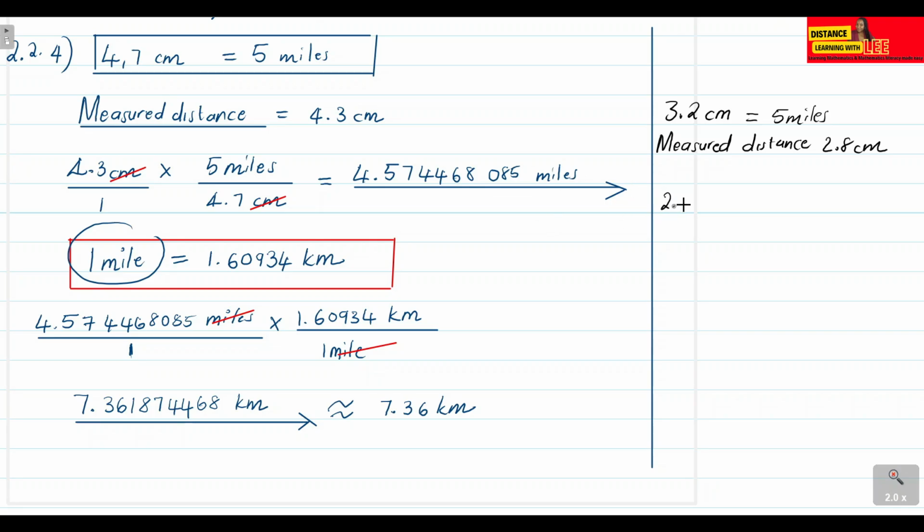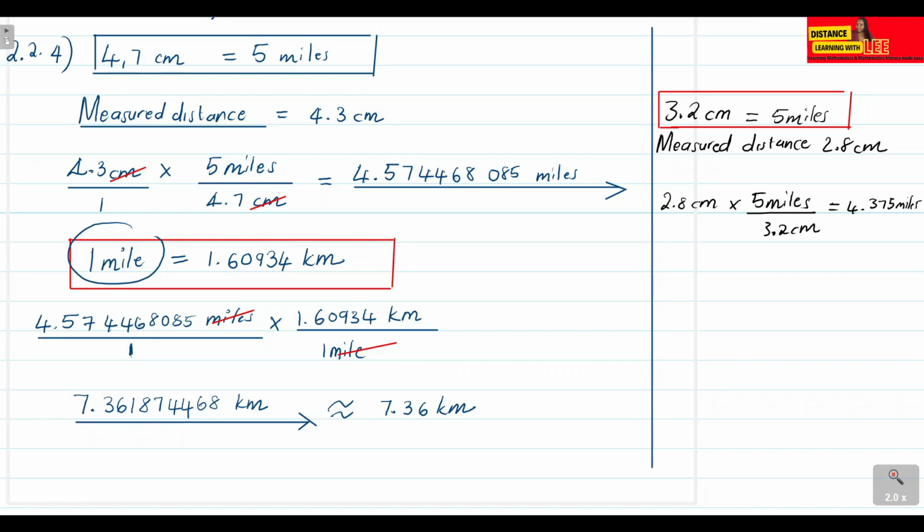You take the 2.8 centimeters and multiply by what you want, which is 5 miles, and divide by what you have, which is 3.2 centimeters. You're going to get 4.37 miles. Then from there, you will want to convert these miles into kilometers.